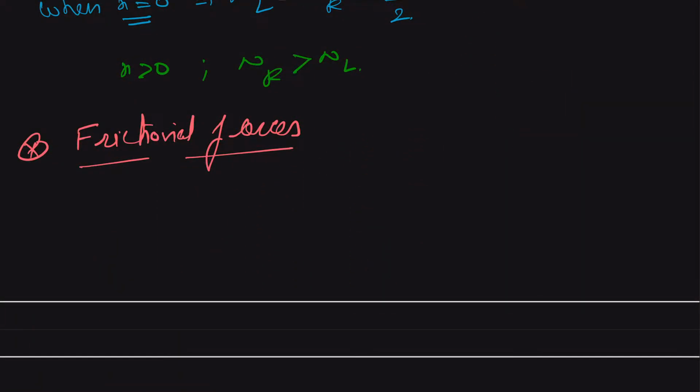So for the left roller, the frictional force is our F_L, which will be equal to plus mu N_L, and its direction will be towards the right.